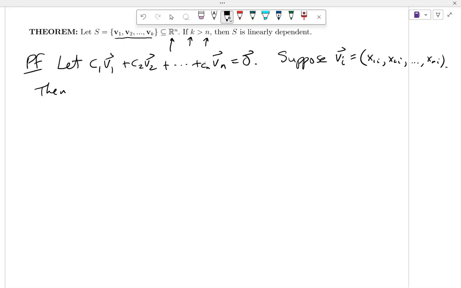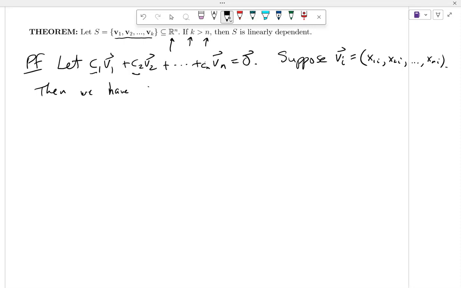Then what do we have to have as our system of equations? Well, I have to take this constant times v1, this constant times v2, and so on down the line, right? So if this is going to be a true statement, when I do the first components, I have to get 0. When I do the second components, I have to get 0, and all the way down the line, right?